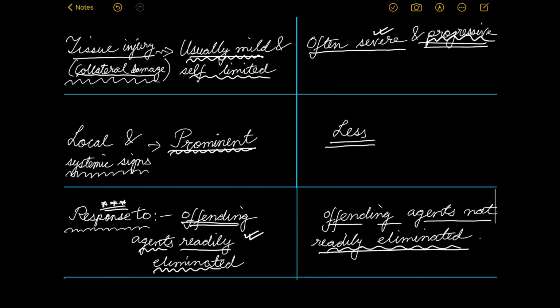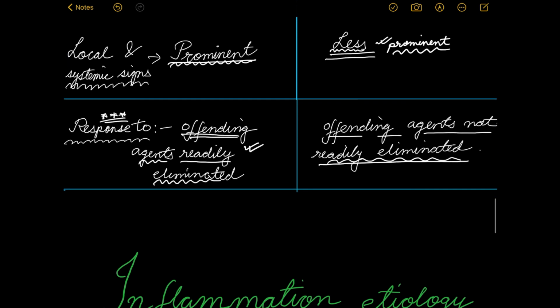And for the systemic signs, whatever is going on this time is a lot slower. There is no immediate rush in the response as far as inflammation is concerned. So the local and systemic signs are less prominent. They are not that visible externally. So this is how chronic inflammation occurs.